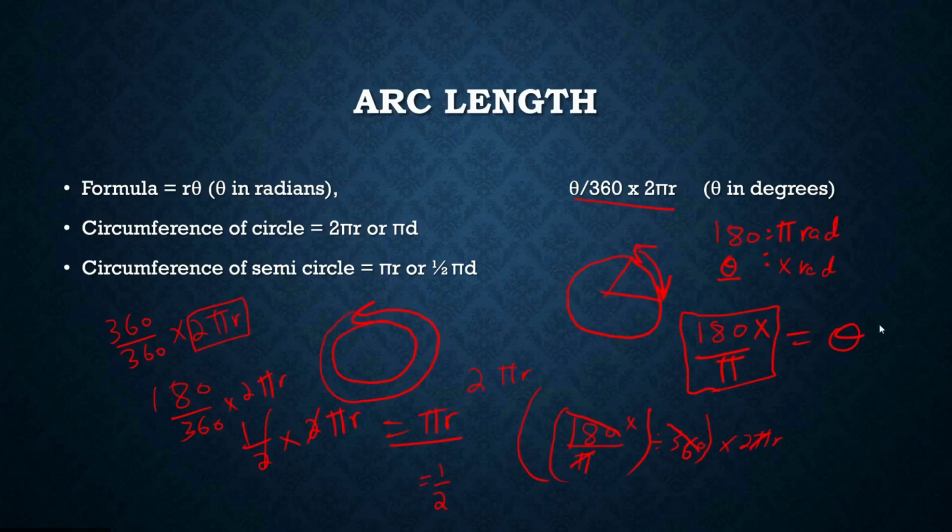So you have x in the numerator, and also into 2r, so you can also cut this out. Now you have xr. The x is the theta when you have the theta in radians. Always remember this. So what this means is r theta.